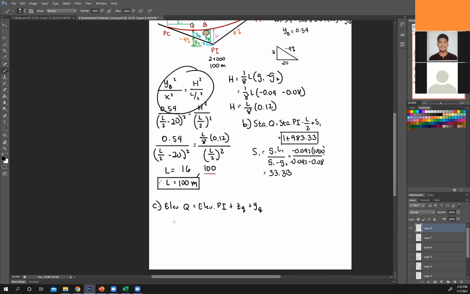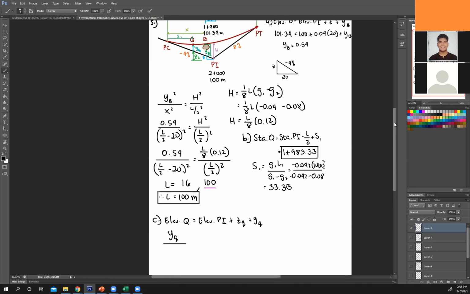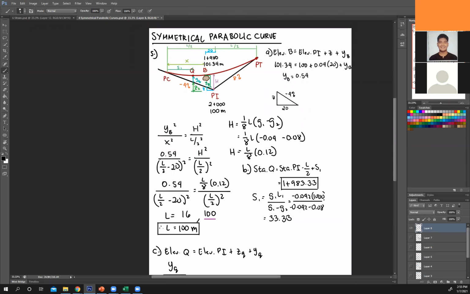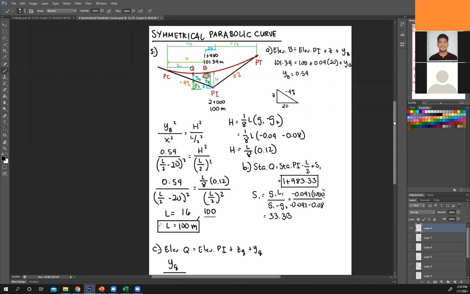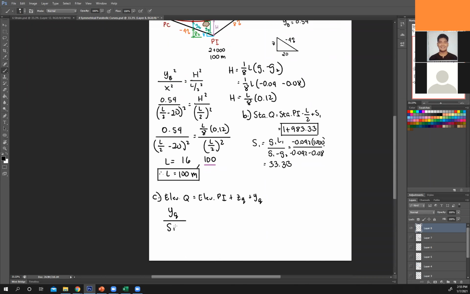So we're going to use this equation again. YQ over its distance from PC, and the distance from PC to Q is S1. I've already solved for S1, so that's S1 squared equals H over L over 2 squared.